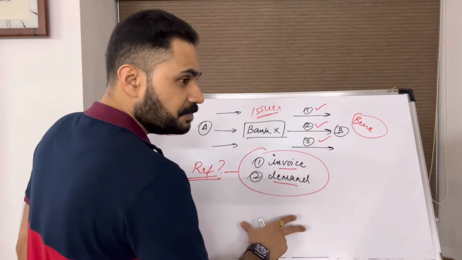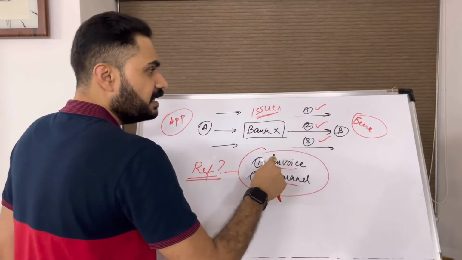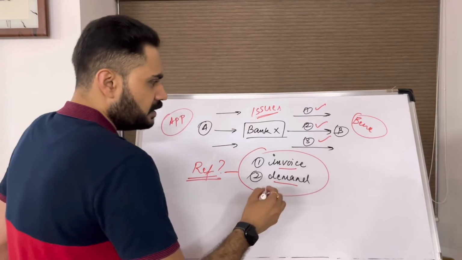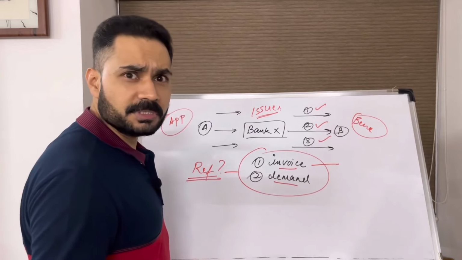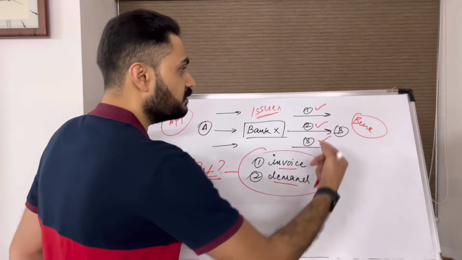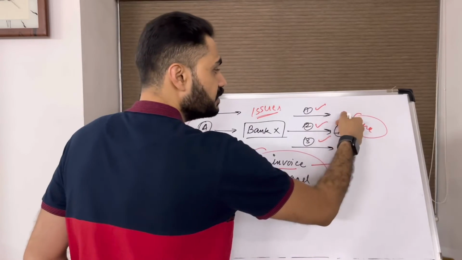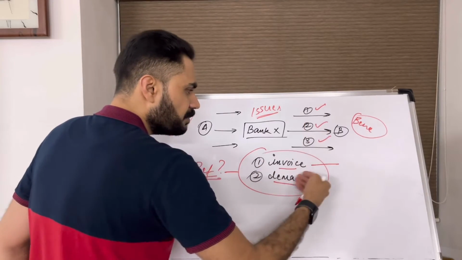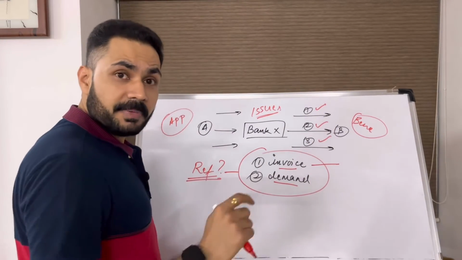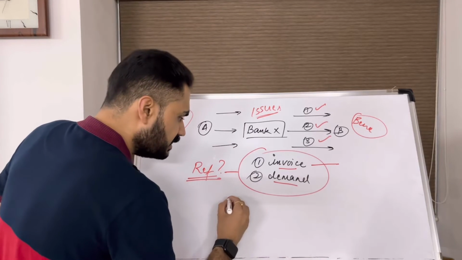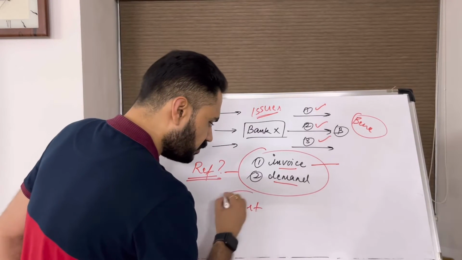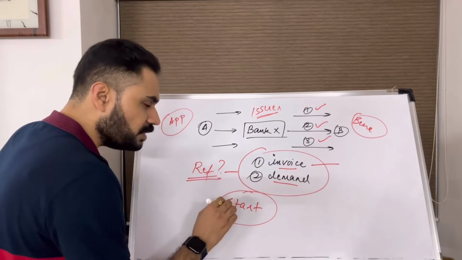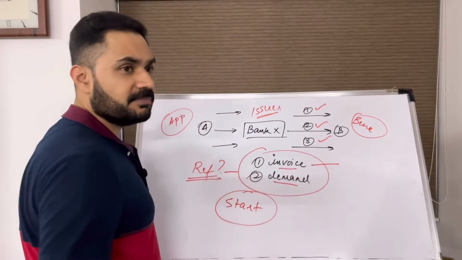However, ISP also gives a provision that the issuer can try to find out the reference on its own. How can it find out? The invoice would be having some nature of goods or some contract reference that might be different in each of the undertakings. From that, the issuer can try to figure out under which undertaking this particular presentation is. But if the issuer is trying to do that, then the start date for checking the documents will only be valid once the issuer finds the reference number.